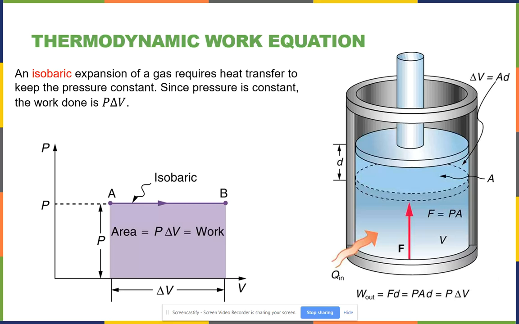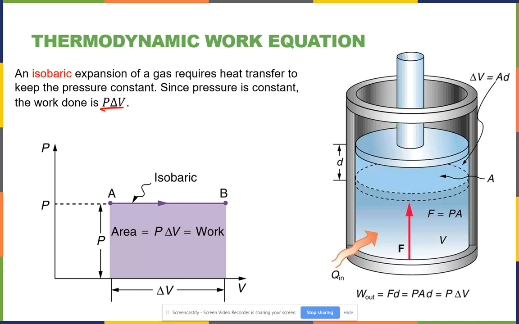We're not worried at this point what that something is. We're just saying pressure is going to remain constant. So if the pressure remains constant, then it's easy to calculate the work. This is the one that DJ brought up. You have a constant pressure, so the work is pressure times change in volume. So you just take that constant pressure and multiply it by volume final minus volume initial.